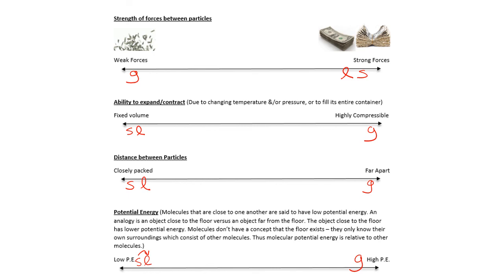But when we talk heat of vaporization, you have to take that liquid and overcome all these attractive forces, all the strong forces holding it together, to turn it into a gas. So turning the liquid into a gas is a big increase in potential energy because of those attractive forces. So your heat of vaporization is going to be way higher as a result. It's much harder to accomplish.